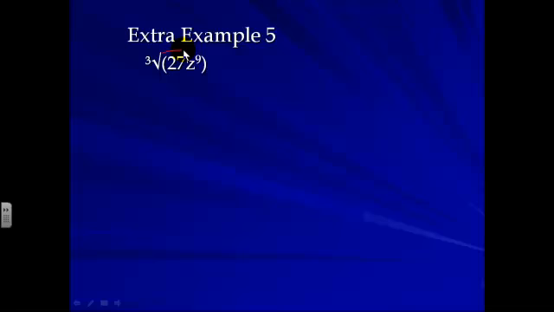Alright, let's try one with a variable in it. So we have the cubed root of 27 z to the 9th. So when we solve this, this is going to be equal to the cubed root of 27 times the cubed root of z to the 9th. When we do that, well, what number multiplied by itself 3 times is 27, and we get 3.